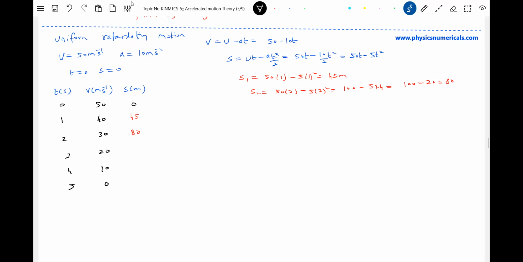Let me fill up this velocity one. s3 is equal to position of particle, 50 into 3 minus 5 into 3 square. 150 minus 45, this will become 105 meters.